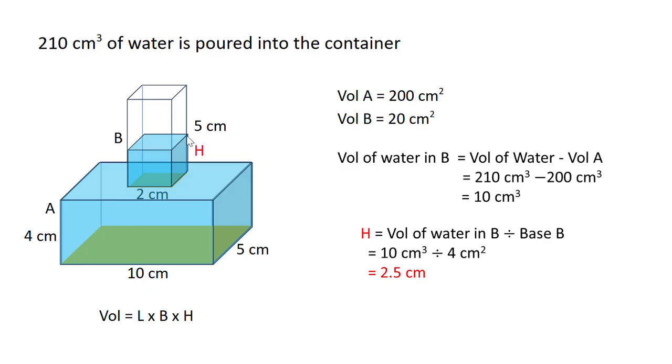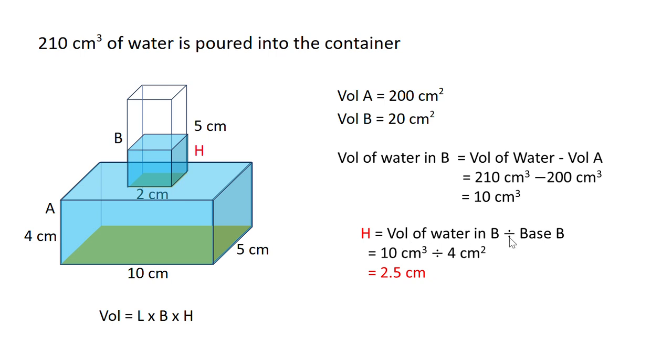And they want you to find the height of water in container B. Not the whole container, not from here, but only container B. So you take volume of water in container B, which is 210 minus container A, which is 200, which is 10 centimeter cube. The volume of water inside here is 10 centimeter cube.